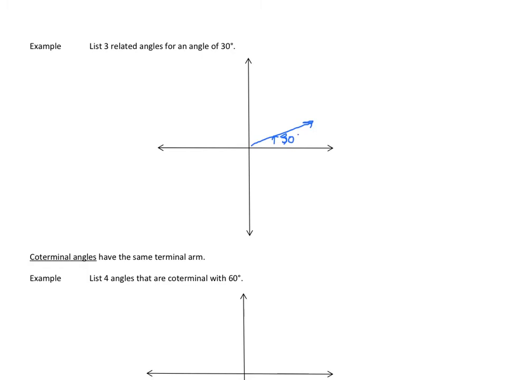And now any angle related to that would also have a reference angle of 30 degrees. So for example, in quadrant 2, if I have an angle with a reference angle of 30 degrees, then the measure of that angle would be 180 degrees minus 30 degrees, so 150 degrees.